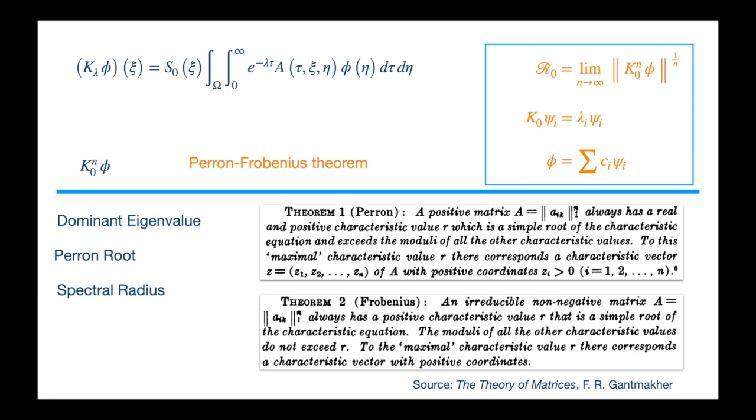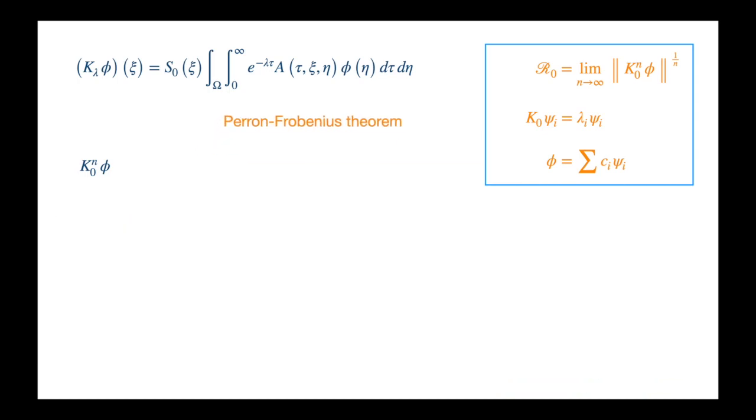Now, to see how this could help simplify the calculation, let's write k times phi, which is the operator k applied to the distribution function phi, in terms of the eigenvectors of k. So we just wrote phi as a linear combination of the eigenvectors. We can take k inside the summation. So previously we were adding the scalar multiples of the eigenvector and then multiplying the resulting vector by k. Now we are multiplying each eigenvector by k first and then calculating the linear combination.